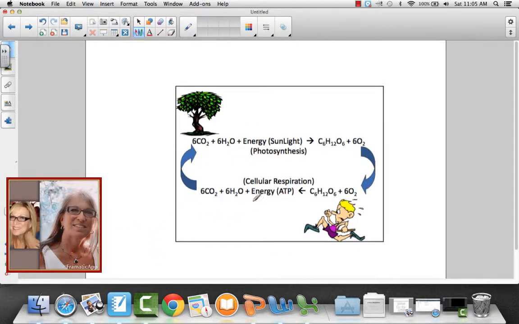So let's look at what happens here. Let's start with cellular respiration. So we breathe out CO2, which then is used by plants along with water from the roots and energy from the sun to create glucose and oxygen.